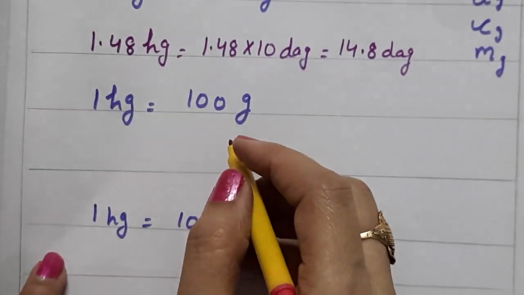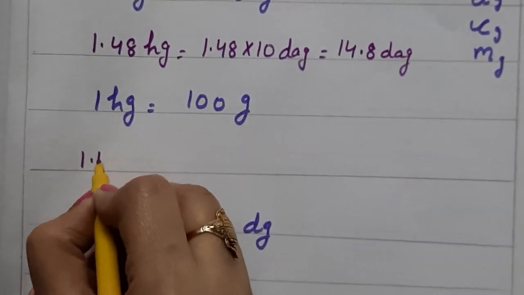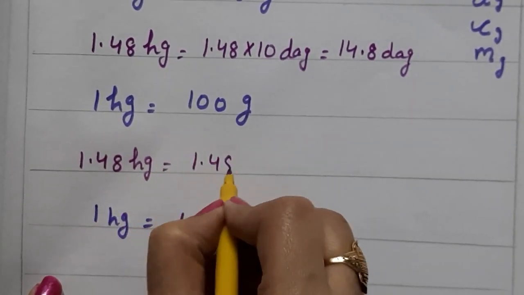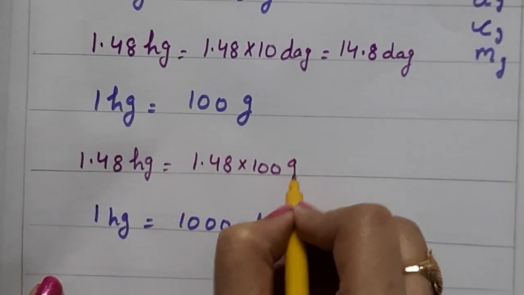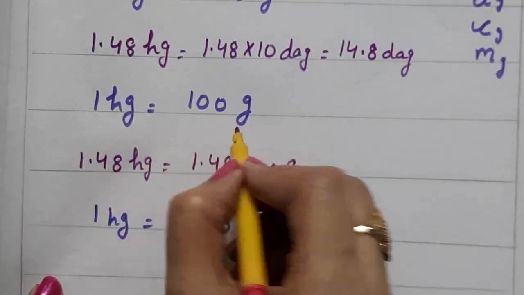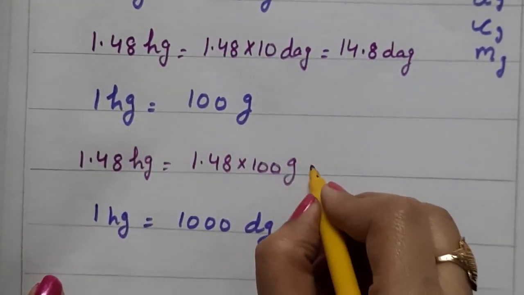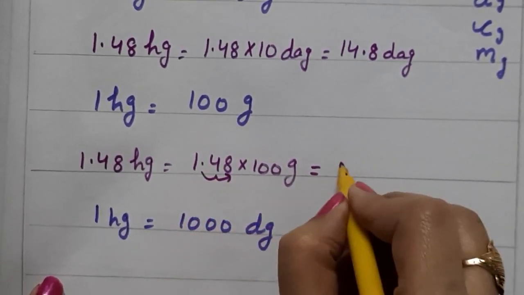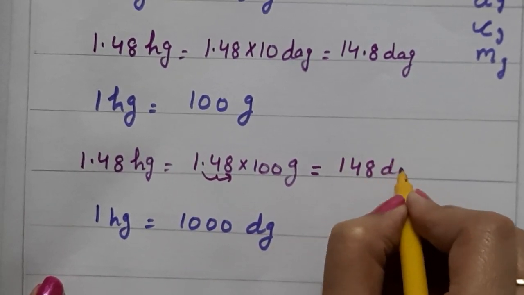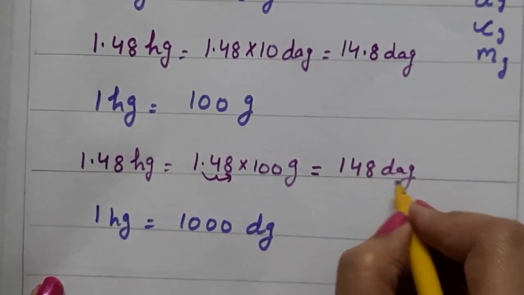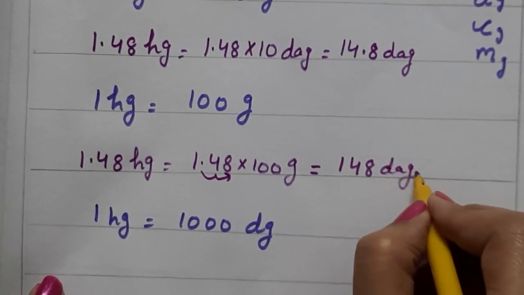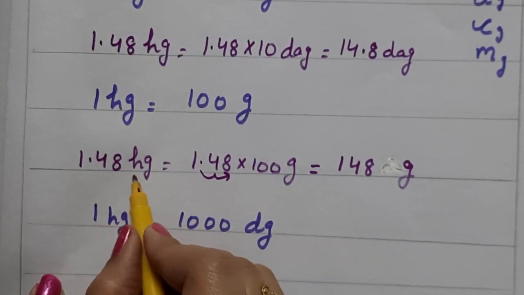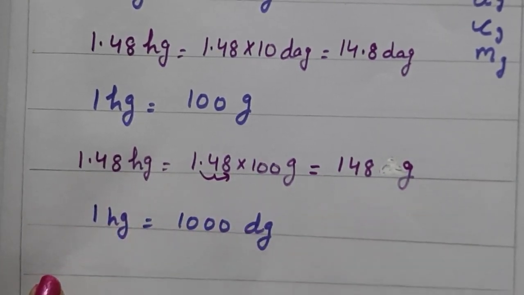And now next part. 1.48 hectogram is equal to 1.48 multiplied by 100 gram, because 1 hectogram is equal to 100 gram. 2 zeros are there, decimal will shift 2 places forward. It will become gram. Now 1.48 hectogram will become 148 gram.